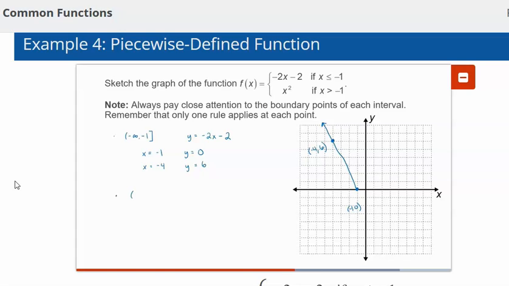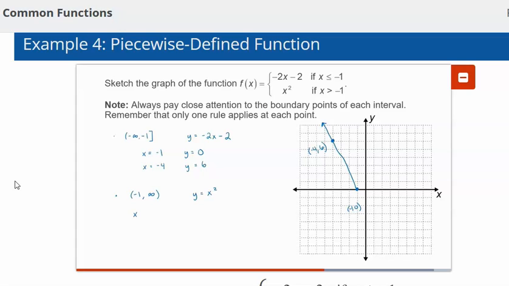Next, we look at the interval -1, the parenthesis, to infinity. On this interval, we have the quadratic graph y equals x squared.